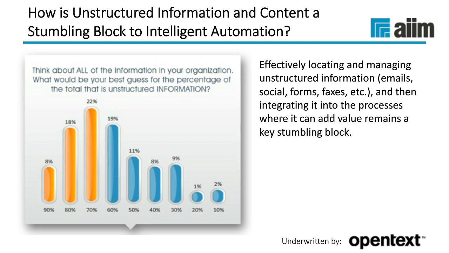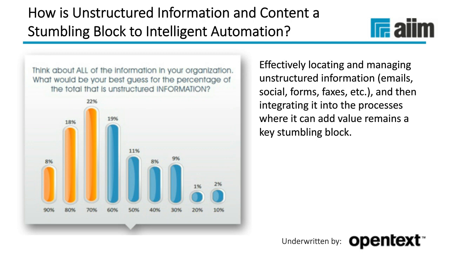And so, that has to do with things like, you think about all that content and unstructured information that surrounds us on a day-to-day basis: emails and social and forms and faxes. And then you think about the business processes that we use in order to get our work done. And the key challenge is that those two aren't really effectively married in most organizations.